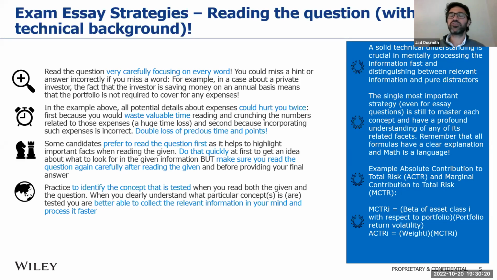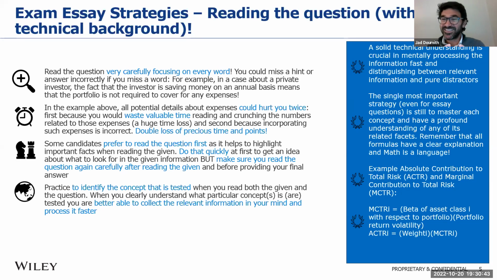Why am I saying that? Because maybe in a private wealth management context, you might see a case on an investor or a family, with somewhere in the text where they mention that this family or this investor is actually managing to save, for example, $50,000 annually.